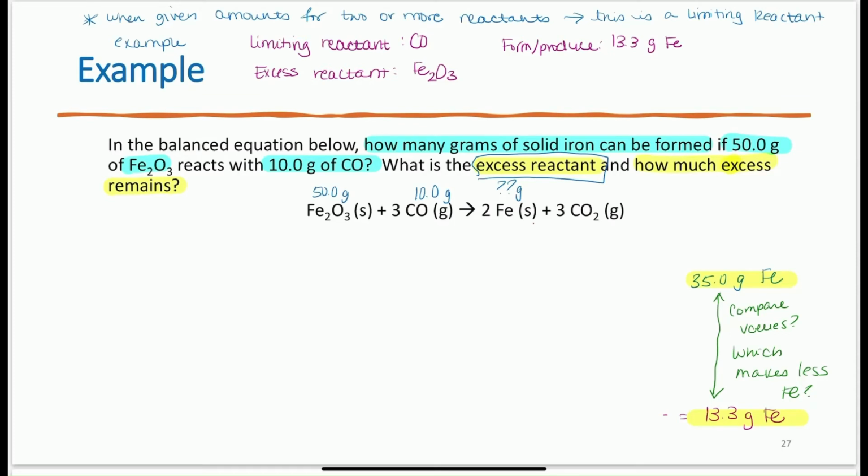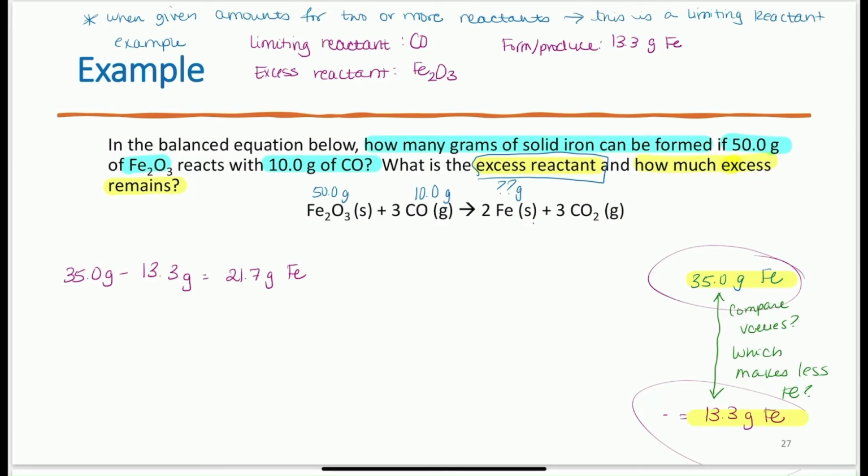With this method, what you need to do is take the difference between these two numbers. So 35.0 grams minus 13.3 grams. I did not write this out because I solved it the other way. One second while I find my calculator. This gives me 21.7 grams of iron. That means the iron 3 oxide could have made 21.7 grams of iron more than the carbon monoxide could.